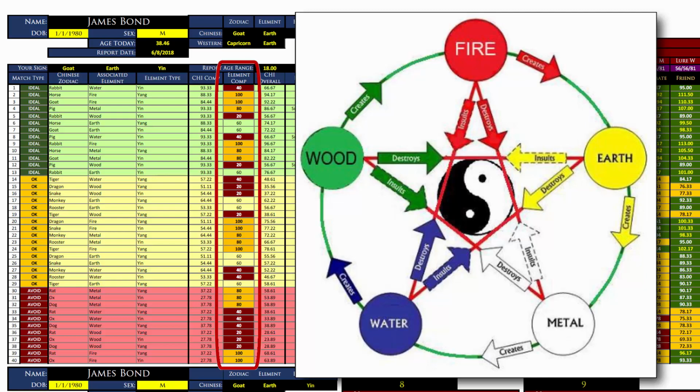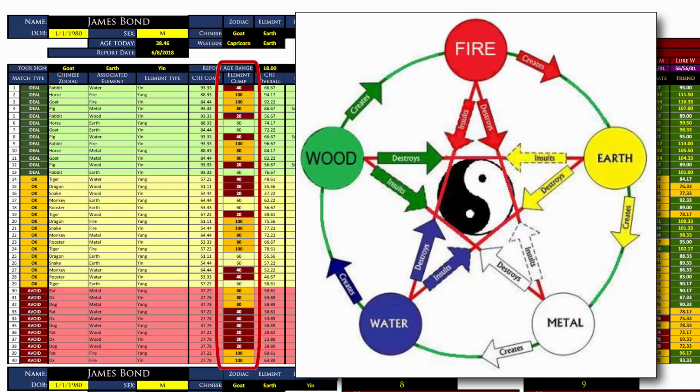All right. So looking at the Chinese compatibility column, overall, James Bond being the Chinese goat, this is the Chinese compatibility calculation, based on certain studies, of how well a goat can get along with the signs here on the left.